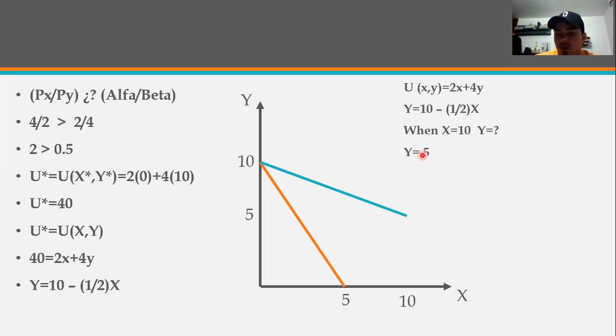So y is equal to 5, and you place that in that equation. That line is the blue curve that symbolizes the maximum utility. So for each one rice that the consumer doesn't consume, it consumes 4 more of fries. That's the conclusion of maximizing the utility function for perfect substitutes.